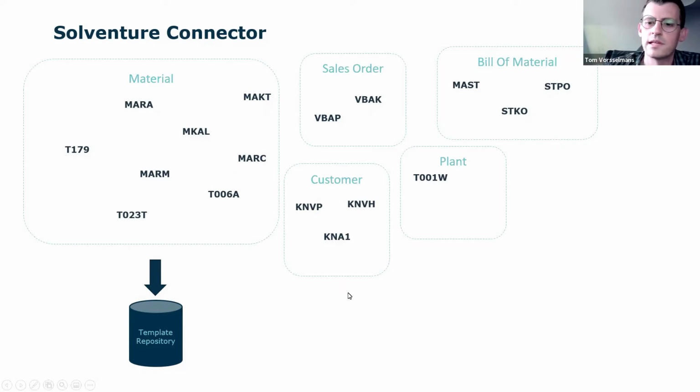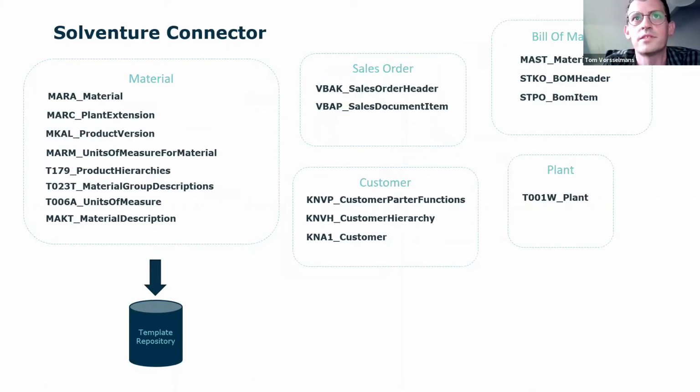Let's link both worlds together and also capture that in our repository. We even went one step further and organized it a little and added some readable names, so we know directly from the start which data is stored in which tables.